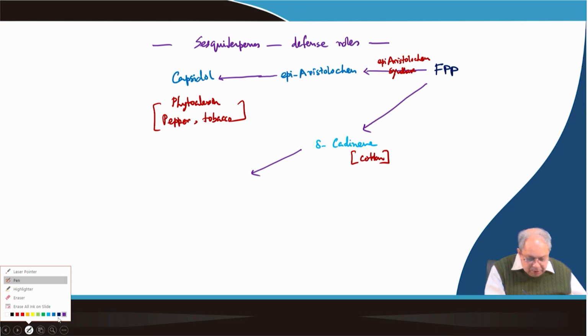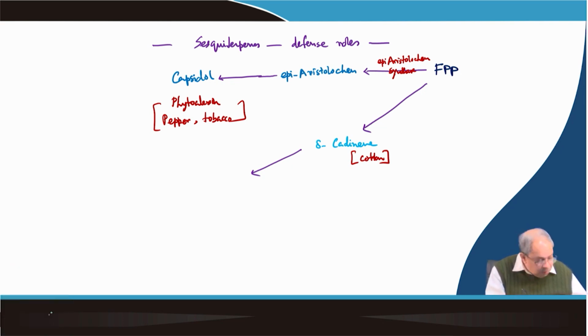So, the gossypol structure I will draw. What is gossypol? Gossypol is a sesquiterpene dimer.